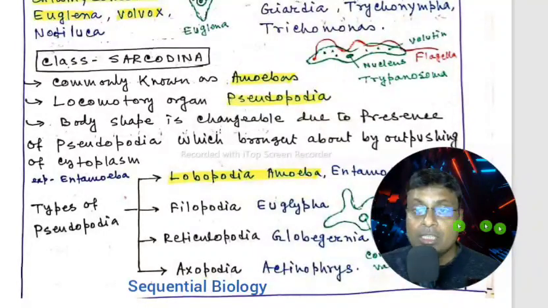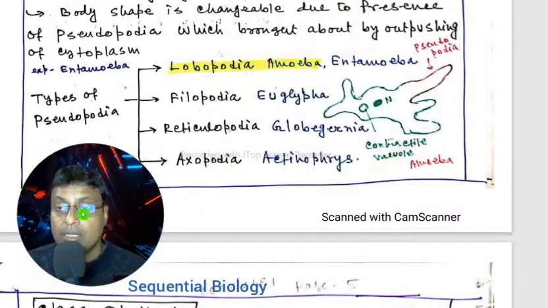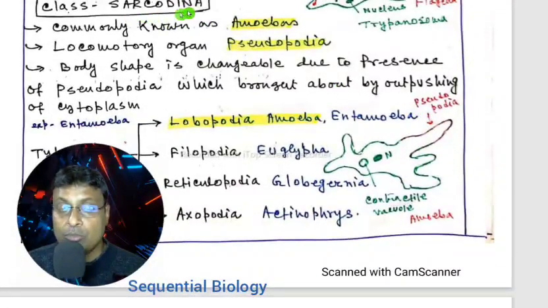Their body shape is changeable due to the presence of pseudopodia, which are brought about by outpushing of the cytoplasm. Actually, you can see an amoeba, a representative of Sarcodina, and it has many finger-like projections, and these finger-like projections are nothing but pseudopodia. The organisms which show this type of locomotory organelle are included under this class, the Sarcodina.